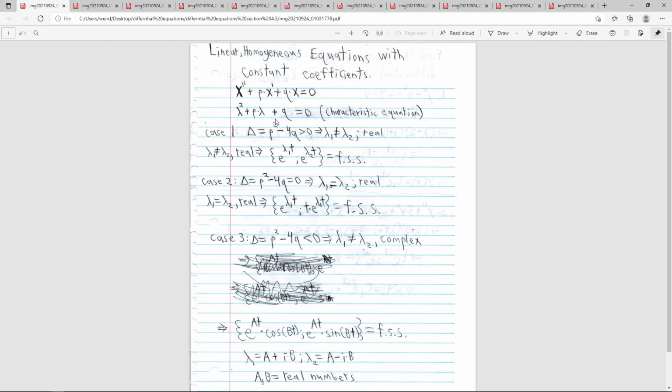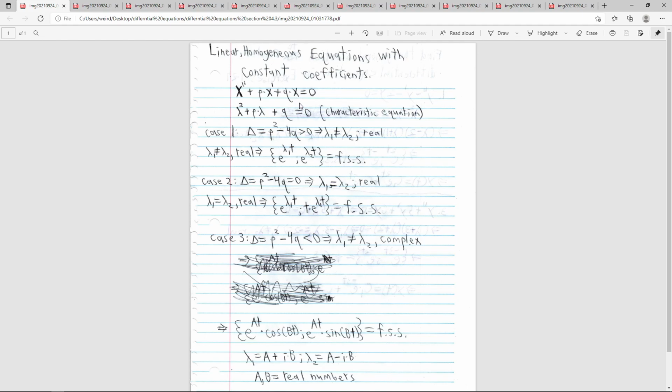Basically, lambda is raised to the power of the derivative of the x value in here, or whatever the unknown variable is that you're solving for. We have the second derivative, the first derivative, and the original variable, which you could say is the zeroth derivative.